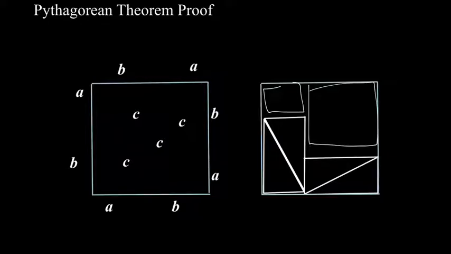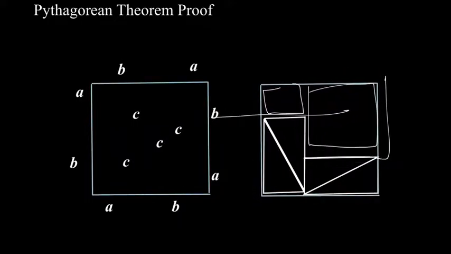The length and width of this is going to be B. B is this length here. B is also this length there. And this length and width are going to be A.